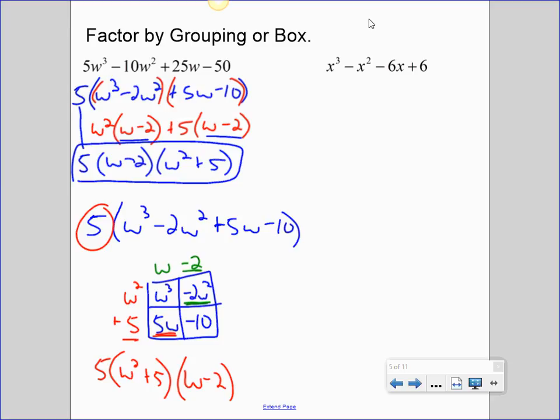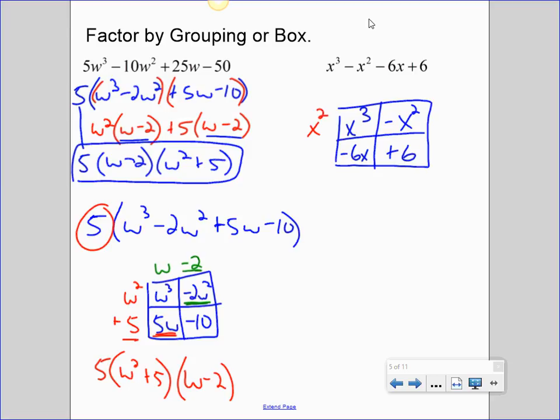Okay, so we should have gotten this. I prefer the box method again, so I'm just going to go with the box method right away. The answer you should get by grouping is obviously the same, so I'm just going with my preference. If I've set it up like so, and I look across that first row, I can see that there's an x squared common. If I look across the second row, it's going to be a negative 6.